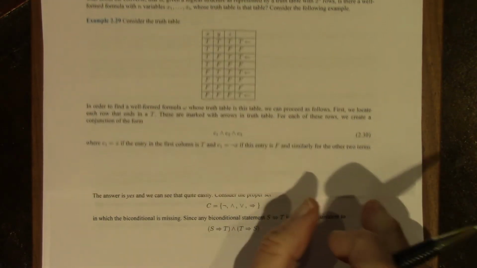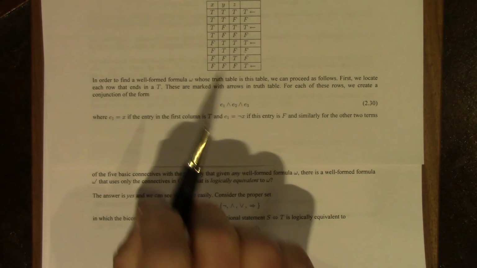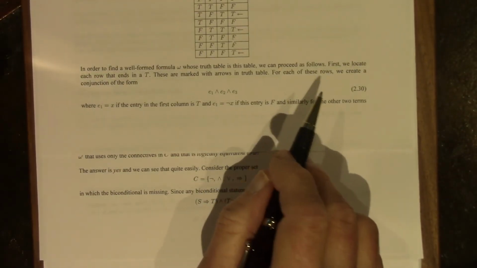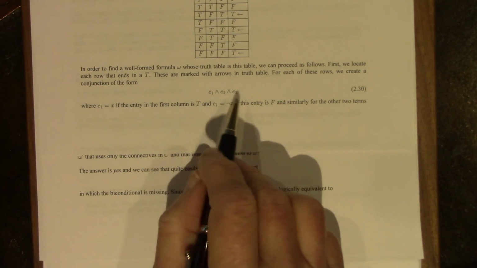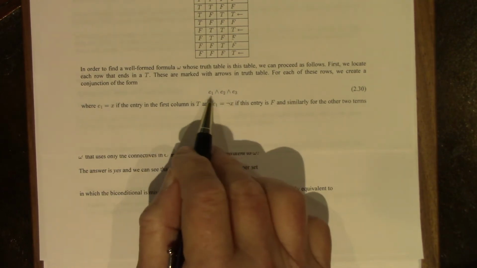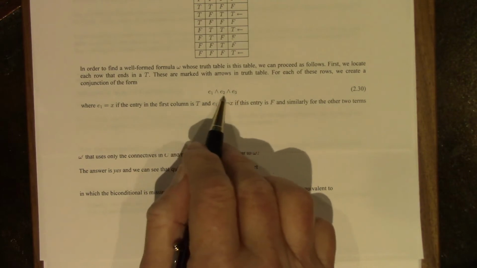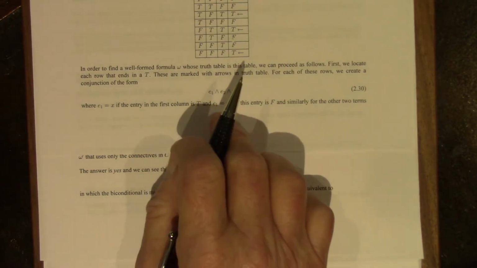In order to find a well-formed formula that has this truth table, we can proceed as follows. First, we locate the rows that end in T, which I just did. For each of these rows, we create a conjunction that looks like this: E1 and E2 and E3. 3 variables, 3 terms.